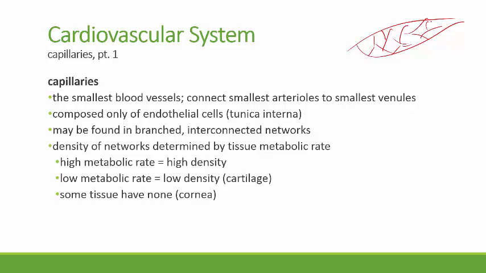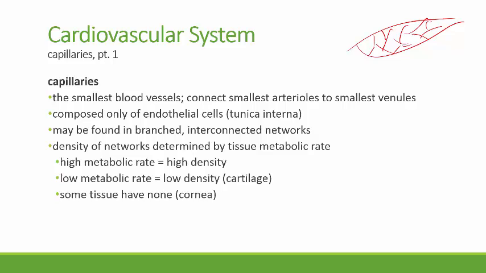And the density of the networks is really determined by how much oxygen the tissue needs, which is reflected by its metabolic rate. The higher the metabolic rate, the higher the need for oxygen in those tissues and nutrients, of course, to do that metabolic work. So the higher the density of the capillary networks.